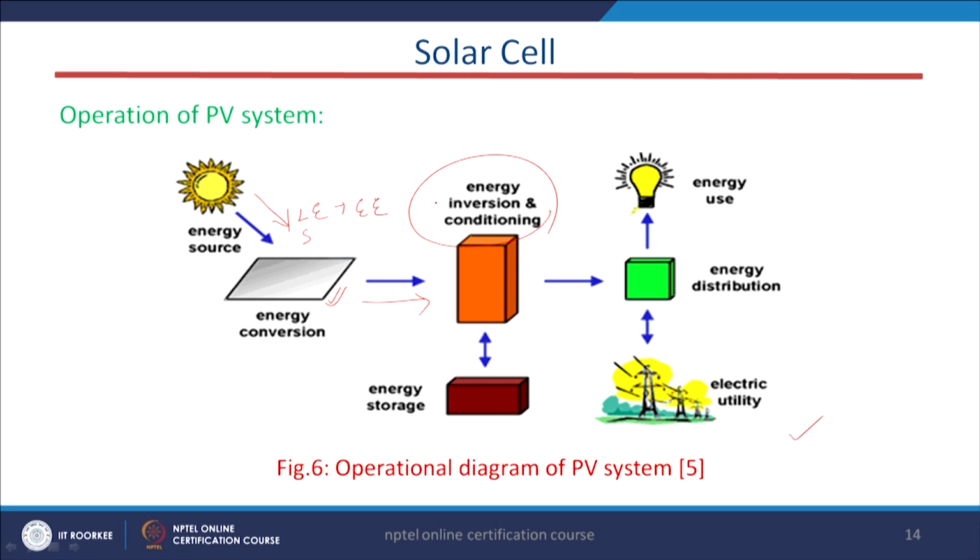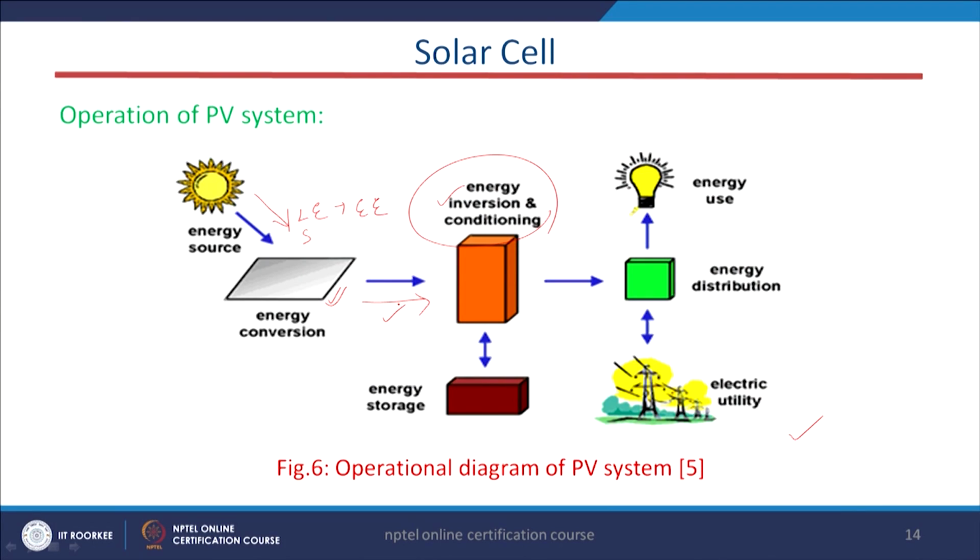The energy conversion means, if you see the output voltage of a solar cell, it is basically DC. So we have to change this DC voltage, current or power to AC. For this DC to AC conversion, we need an inversion; we call it an inverter. The inverter changes DC to AC.